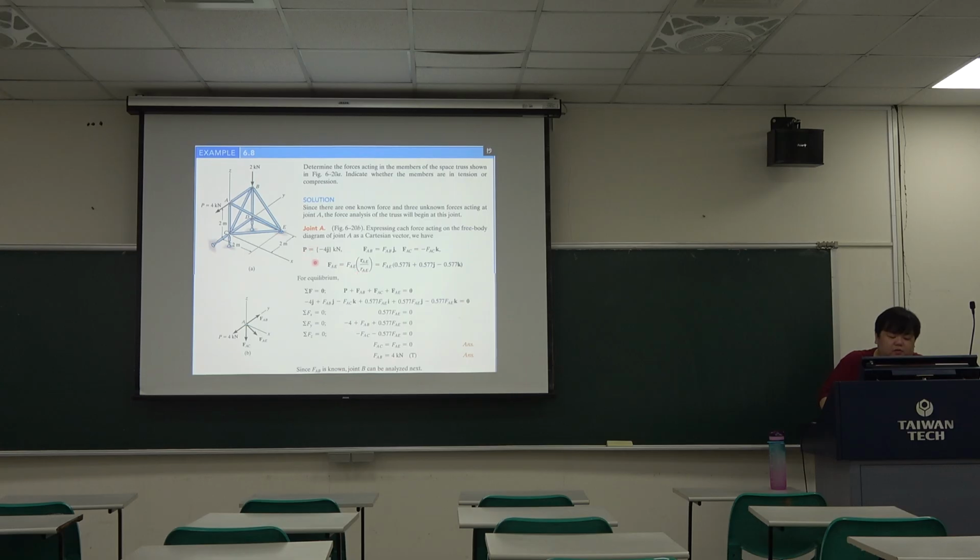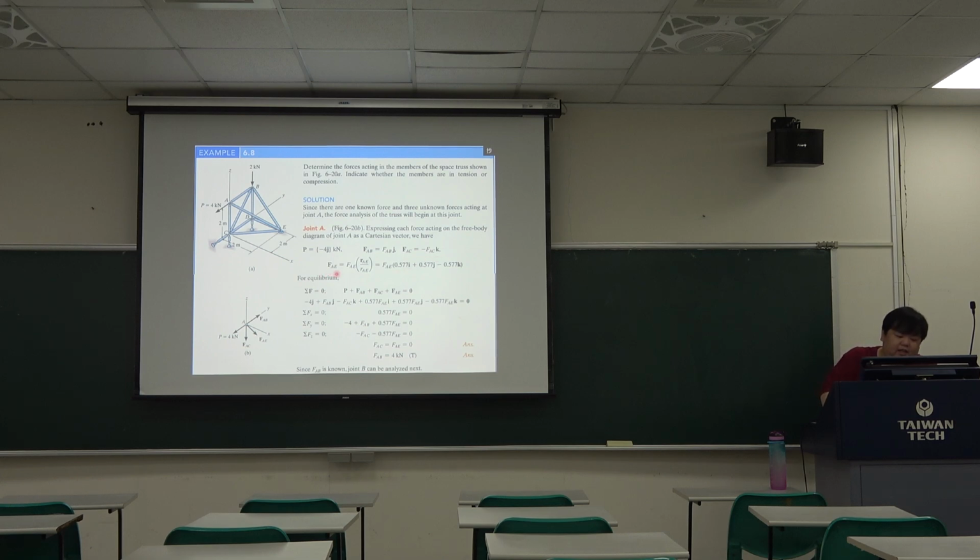So P is equal to minus 4j, where j means parallel to the y-axis. FAB is also parallel to the y-axis, but in the positive direction, so FAB is equal to FAB j. Then FAC is just parallel to the z-axis, and the direction is negative, so we use negative FAC k, where k means parallel to the z-axis.